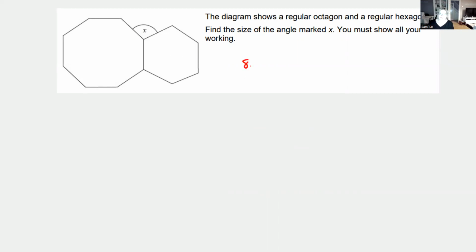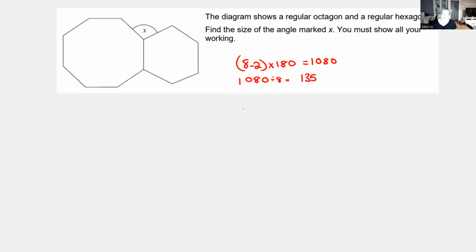So firstly, I'm going to use that rule again. So 8 take away 2 times by 180. And I'm also then going to do, so I'll do that first. That gives me 1080. Divided by 8. 135.